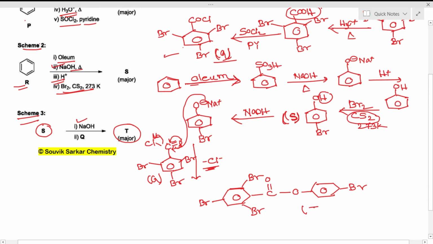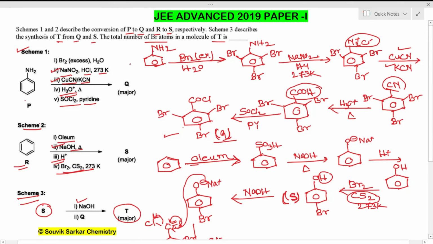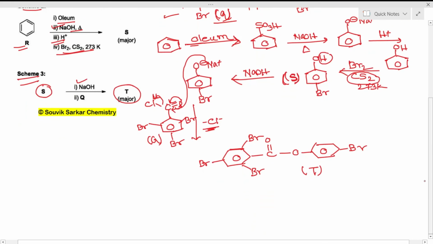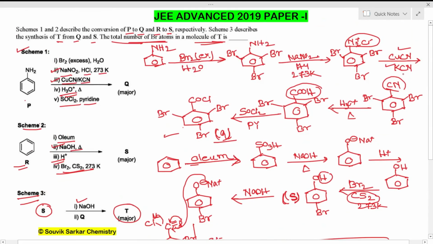So this is our compound T. In the question they asked the total number of bromine atoms in the molecule T. So this is our molecule T. The total number of bromine atoms is 1, 2, 3, 4. So the correct answer is that the total number of bromine atoms is 4.